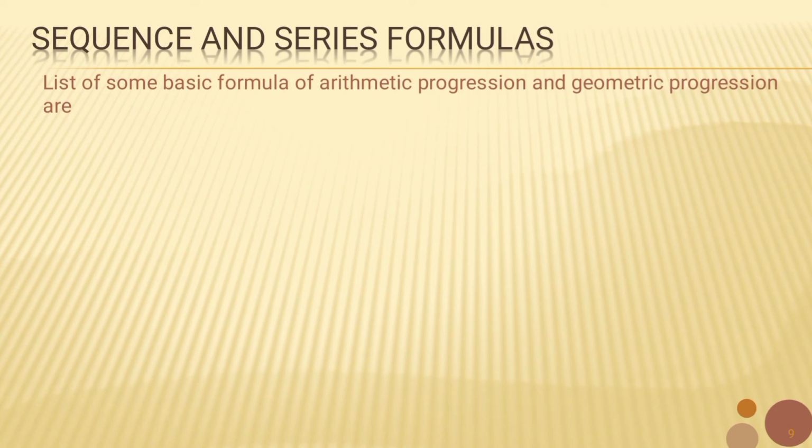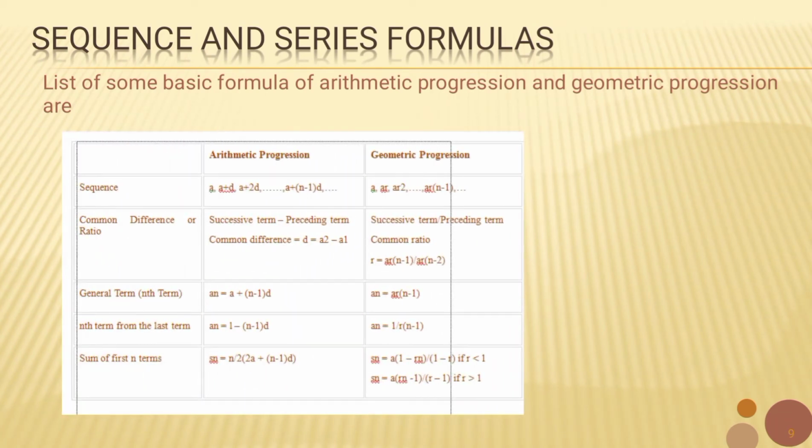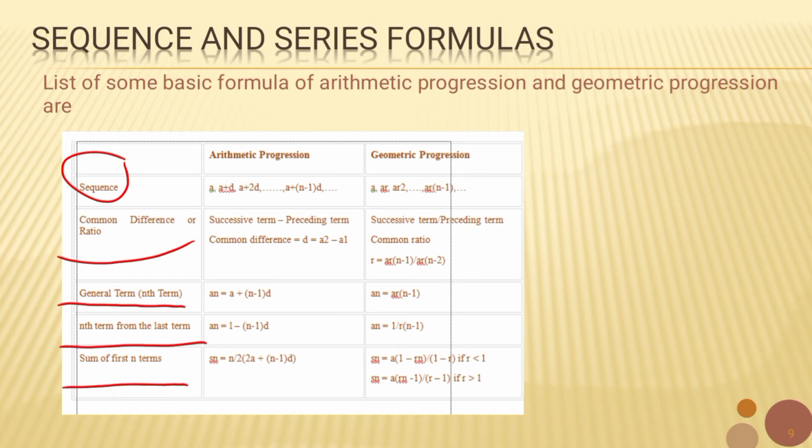Okay, next, sequence and series formula. Here is a list of some basic formulas of arithmetic progression and geometric progression. Okay, look at the picture. The table shows the sequence, common difference or ratio, general term, nth term from the last term, and the sum of the first n terms.